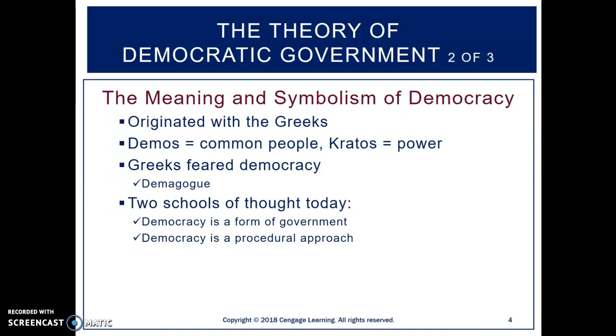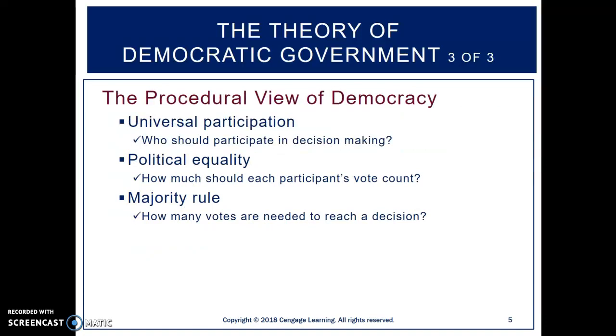The second is the substance of government policies that make up democracy, such as freedom of religion, provision for basic human needs. So what a government actually does more so than how they do it. The procedural approach focuses on how decisions are made. The substantive approach focuses on what the government then actually does.